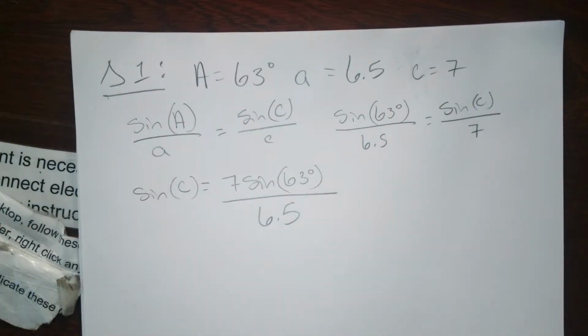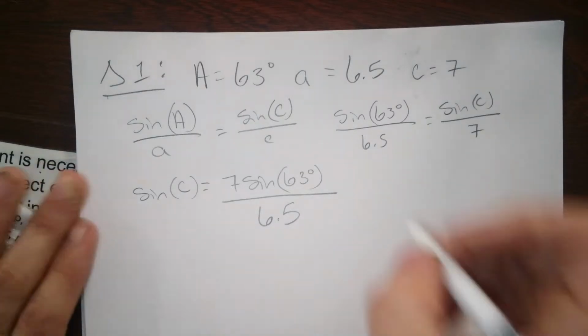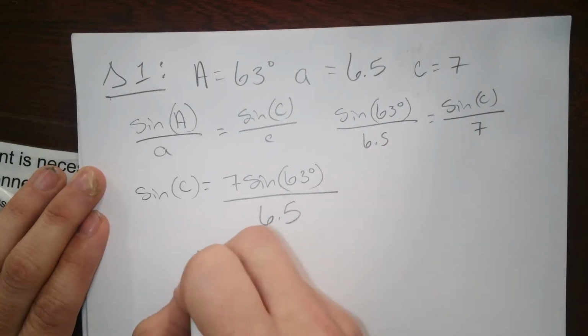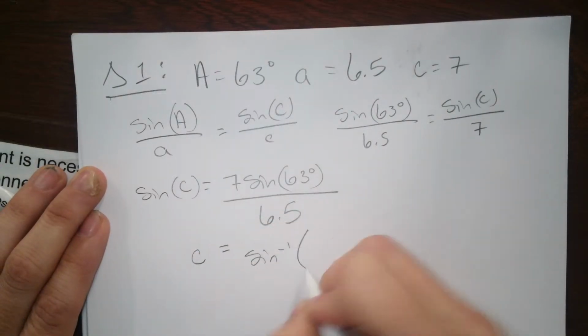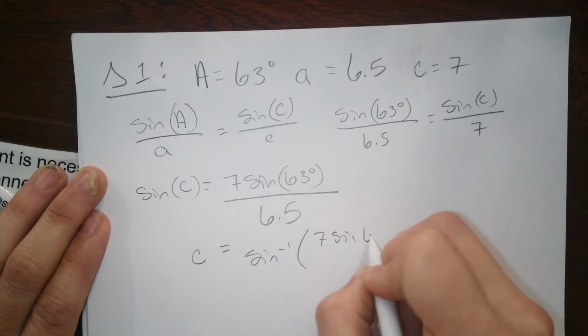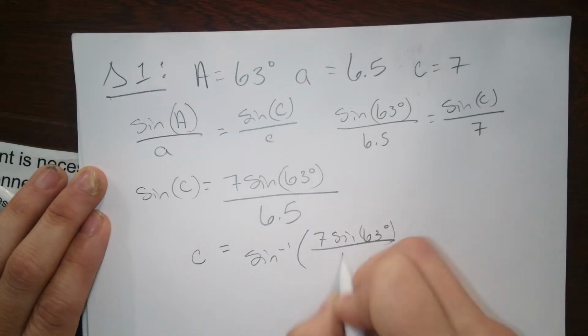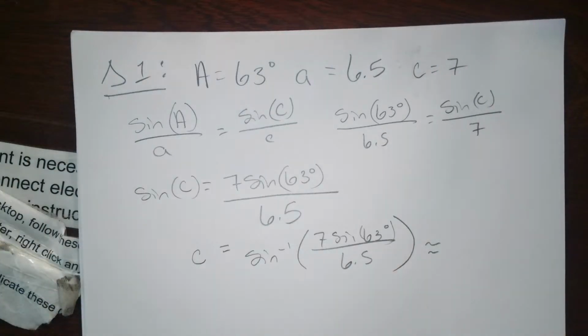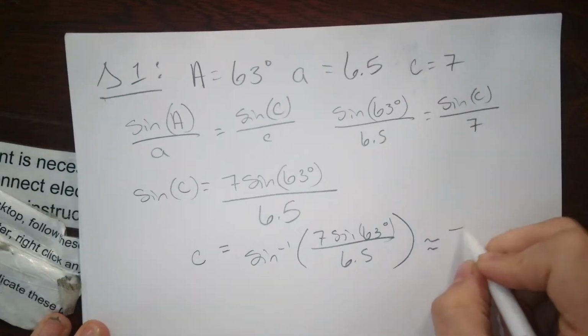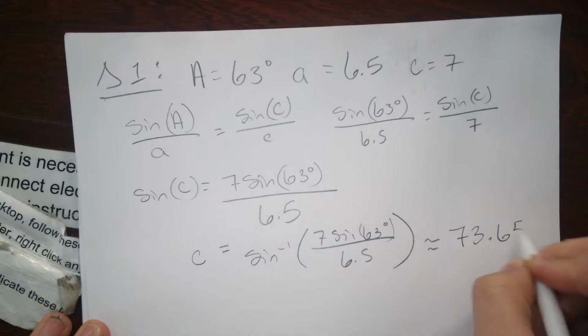And what do I want to know? I want to know angle C. How do I get it? Inverse. So I get that C is equal to sine inverse of 7 times sine of 63 degrees over 6.5, which is approximately what? 73.65. Cool.